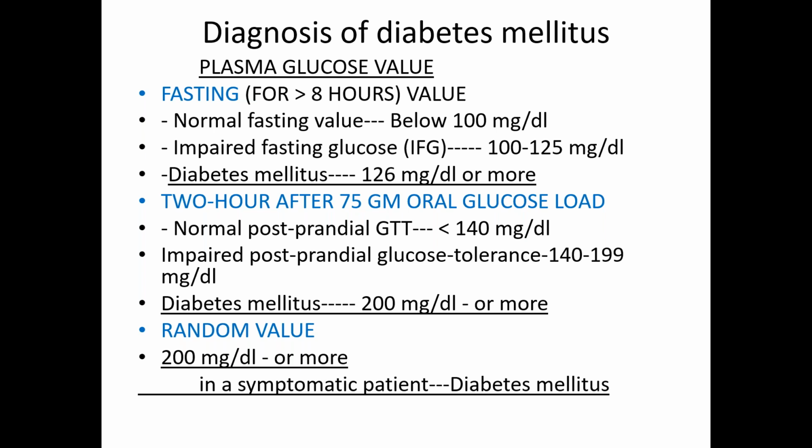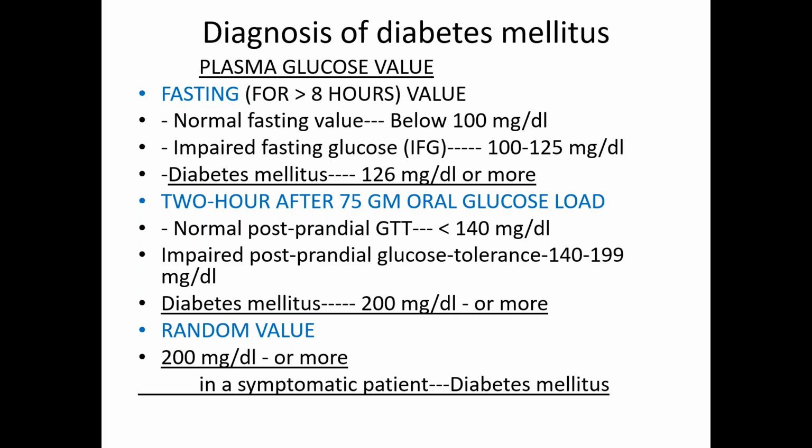You should give the patient 75 grams of oral glucose dissolved in a tumbler of water, and after 2 hours take the blood glucose value again. If it is less than 140 milligrams, then it is normal, and it is impaired glucose tolerance if it is 140 to 200 milligrams. And if the value after 2 hours of 75 grams oral glucose load is more than 200 milligrams per deciliter, the diagnosis of diabetes mellitus is confirmed.